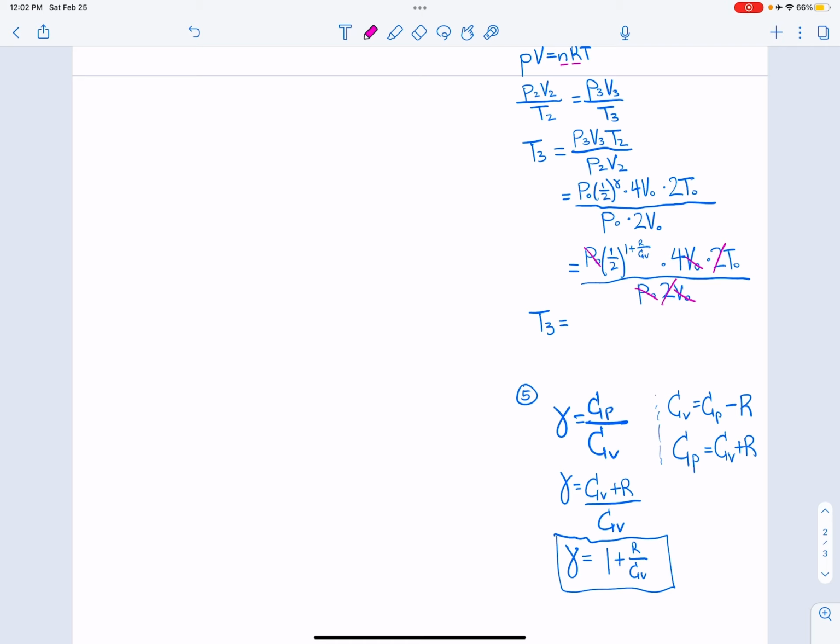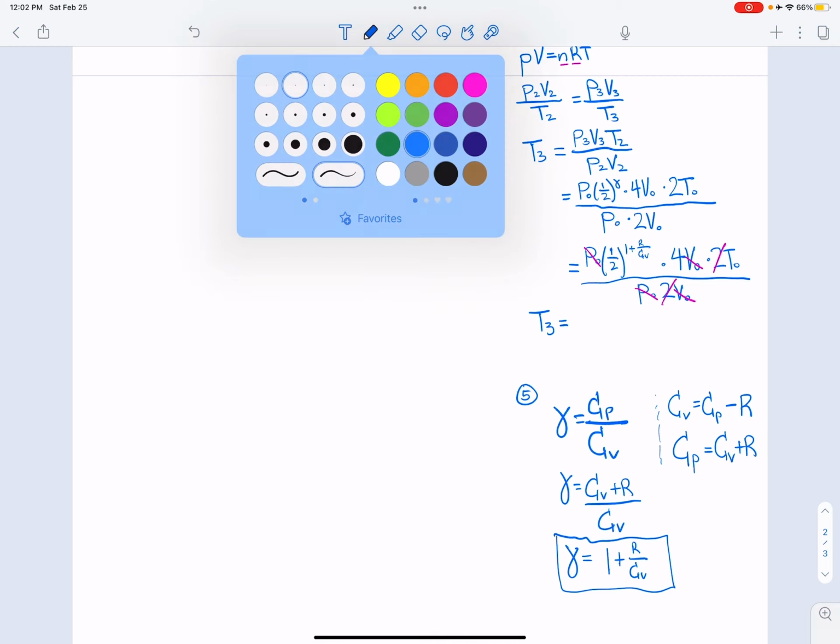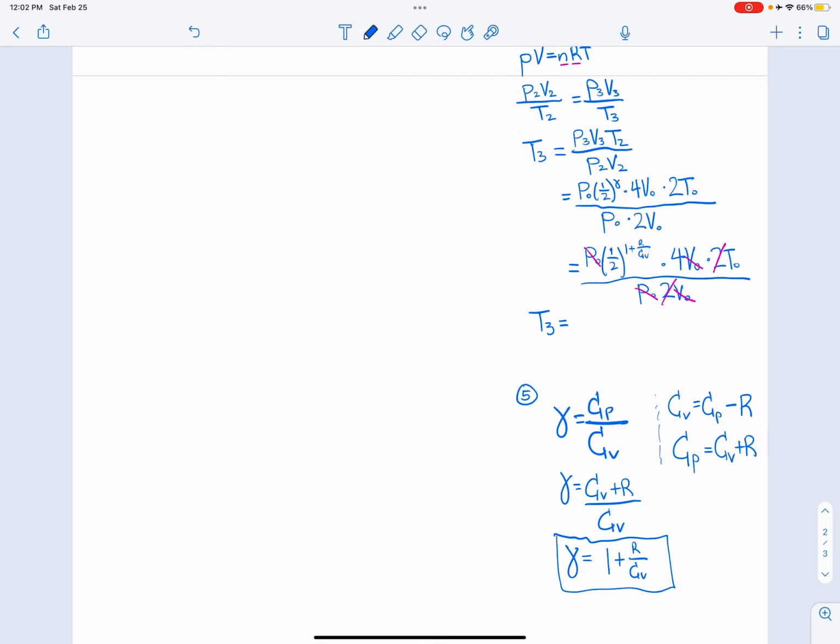Wait, can I? No, I don't think I can because there's a power right there. Okay, never mind. So my T3 is equal to 4 T naught times 1/2 to the 1 plus R over Cv. Move that a little lower because it's a little too close.